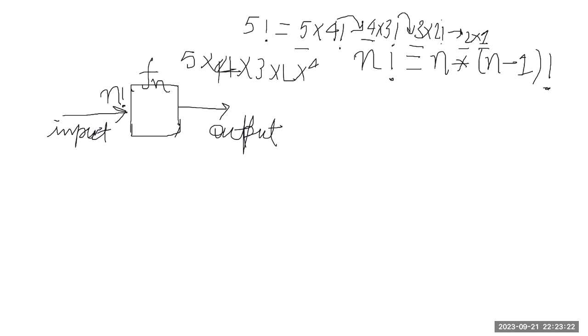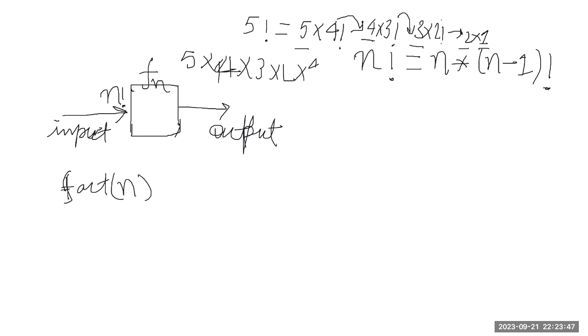So let's take this thing right here. Let me erase it. So let's write here. This is my factorial n.